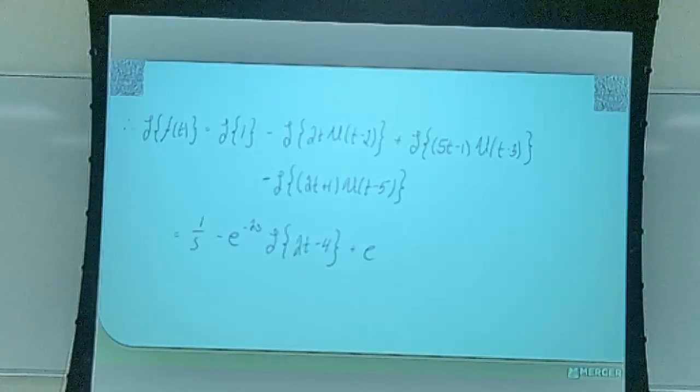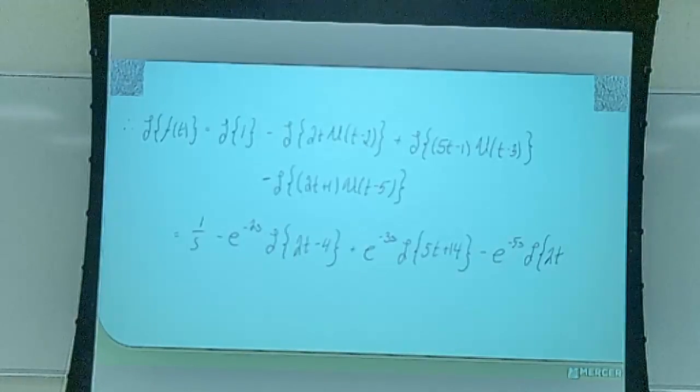Plus e to the negative 3s, tau is now 3. Replace t with t minus 3. No, t plus 3, sorry. Tau is positive 3, yeah. 5t plus 15 minus 1, 5t plus 14. Minus e to the negative 5s. Now replace t with t plus 5. 2t plus 11.